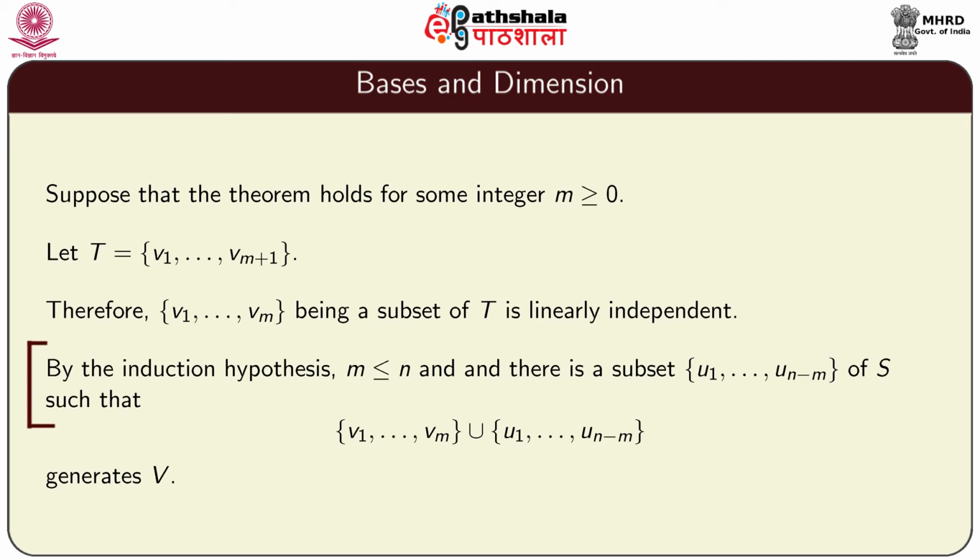Therefore, by the induction hypothesis, m is less than or equal to n, and there is a subset of S, call it u1, u2 and so on up to u(n minus m), such that v1, v2, up to vm union u1, u2, up to u(n minus m) generates V.